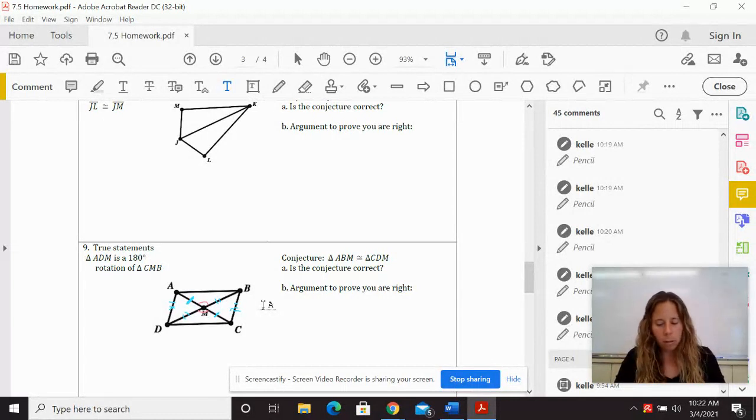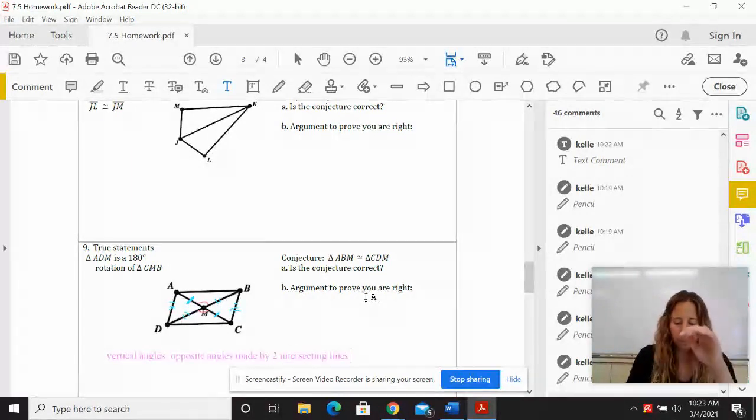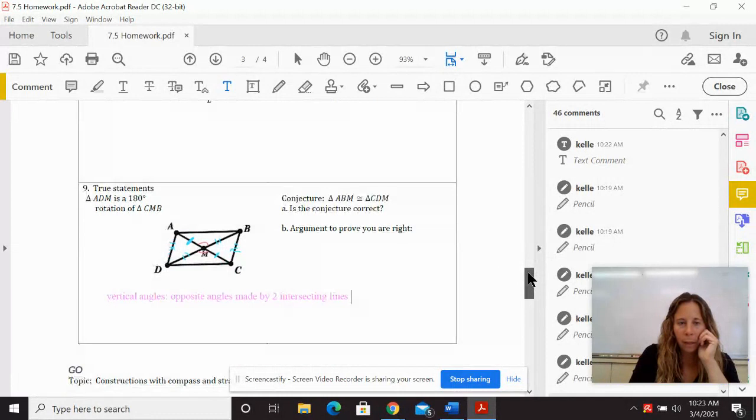Vertical angles are opposite angles made by 2 intersecting lines, and they are congruent.